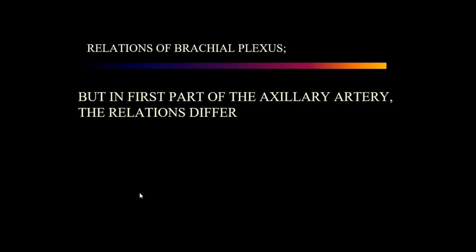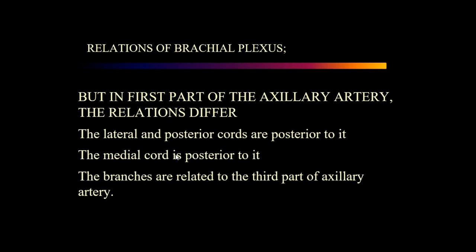But in the first part of the axillary artery, relations differ. So this you should have learnt in detail in the relations of the axillary artery. Just we have to refresh this. The lateral and posterior cords are lateral to the first part and the medial cord is posterior to it.